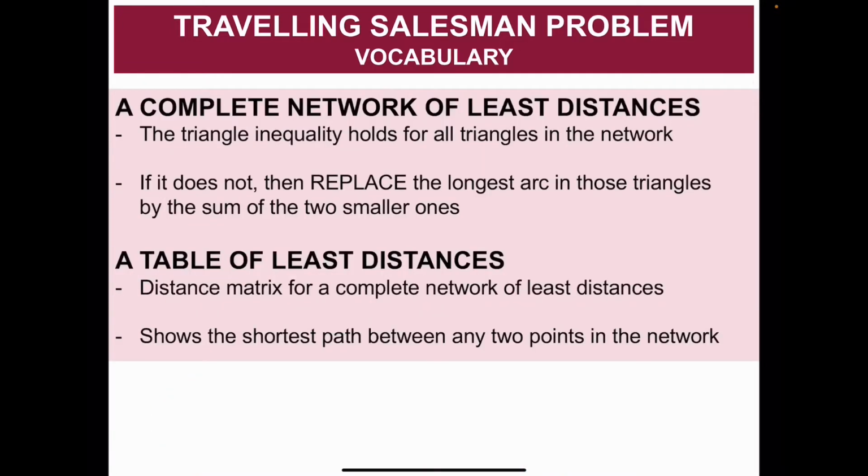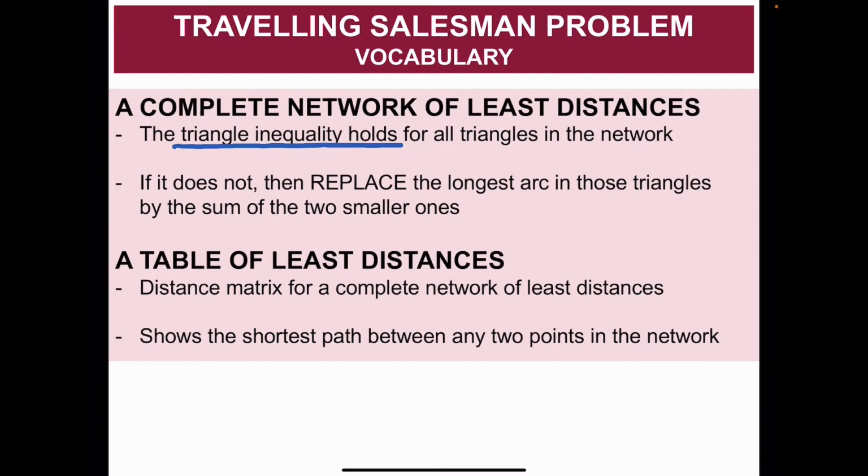A complete network of least distances is such a network that in each triangle of this network, the triangle inequality holds for every single one of them. The triangle inequality should be clear to you: the sum of the two shorter sides in a triangle is longer than the third side. Otherwise, you cannot construct the triangle.